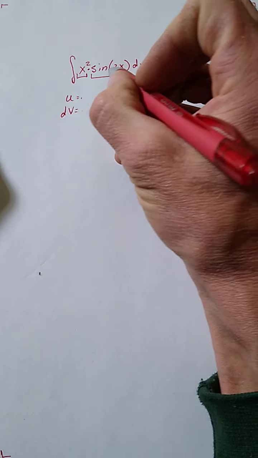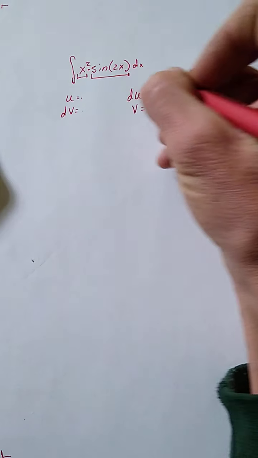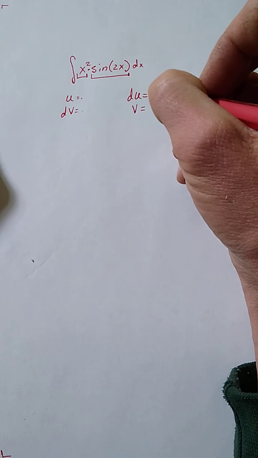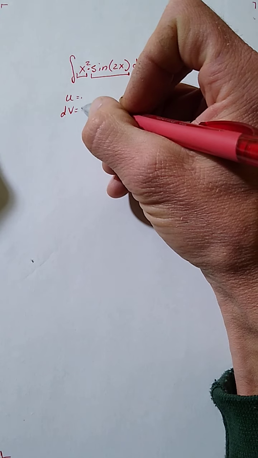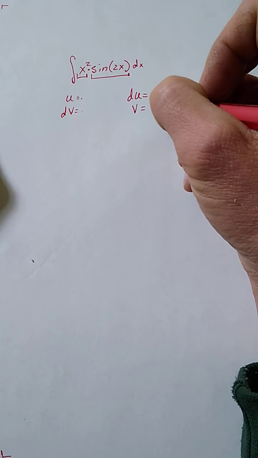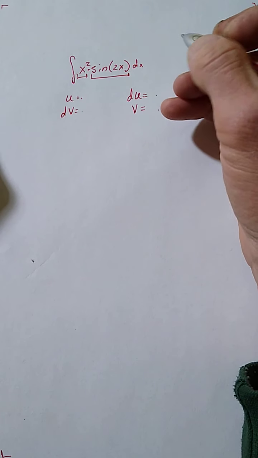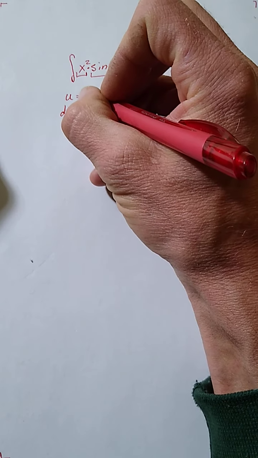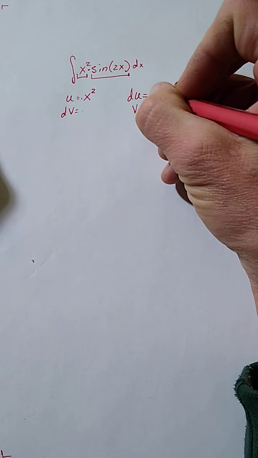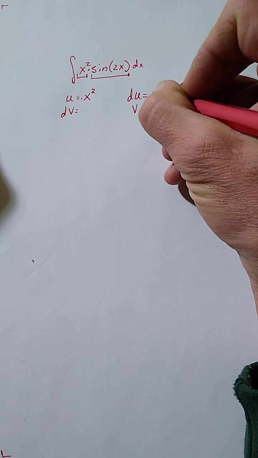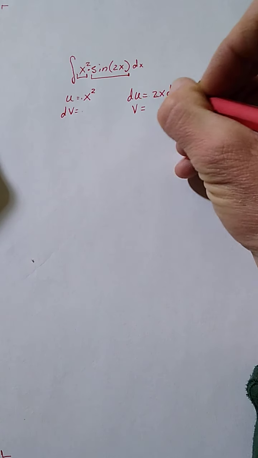So in general, if I were to pick this sine of 2x for my u, then my du is still going to be sine of 2x, and that didn't get easier. Versus x squared is going to become an x cubed, and that got harder. Why would I do that? So instead, I want to pick my u as my x squared, and then my du becomes 2x dx.